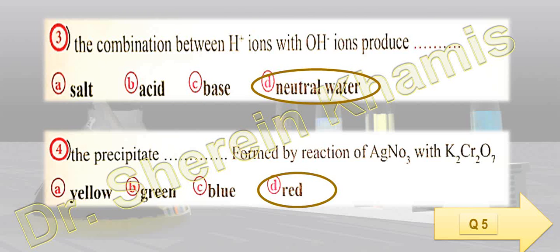The precipitate will be silver dichromate. K2Cr2O7 reacts with silver nitrate, so the product will be Ag2Cr2O7, and the precipitate here will be red in color. Okay, we are going to question number 5.